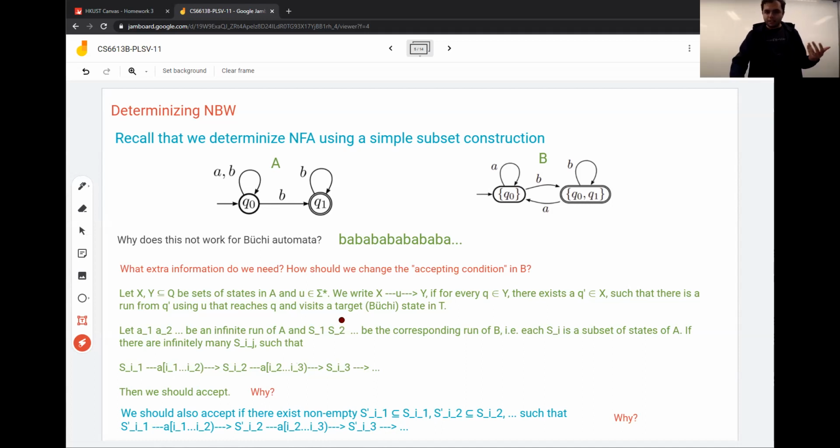So it can visit it at Q prime, or anywhere in between.